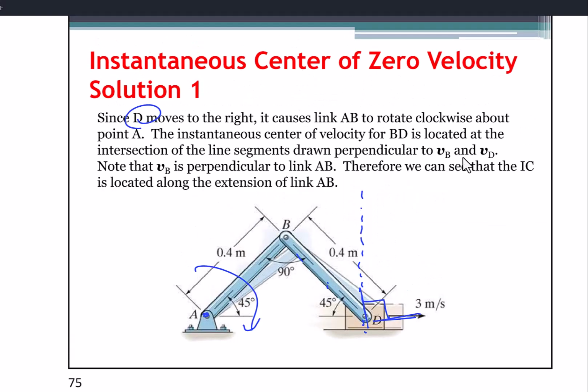So we have some information about this because this is constrained, this is radial, this does not move. Note that VB is perpendicular to the line AB, therefore we can see that the instantaneous center of zero velocity is located along the extension of this link AB, along the extension of this AB.